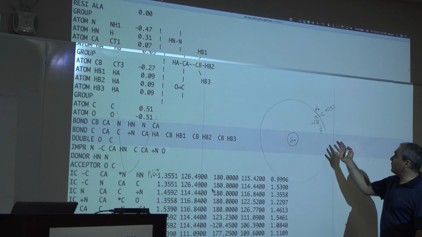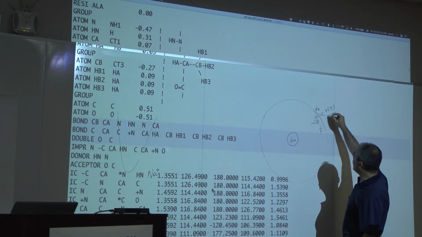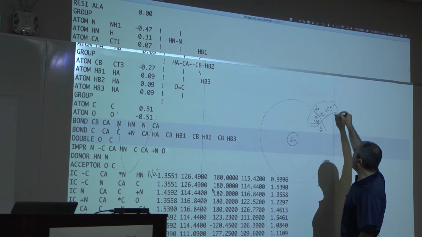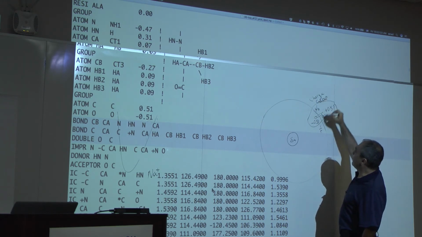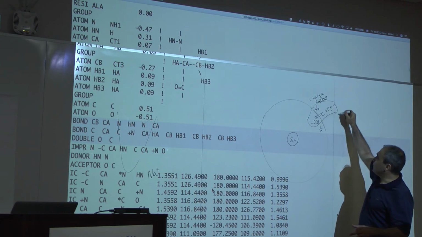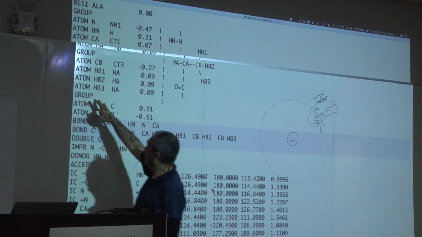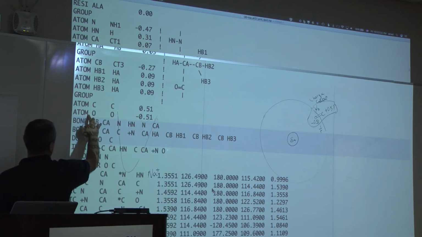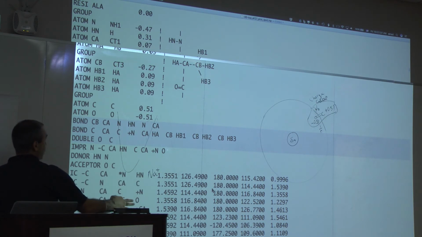In order to avoid that, I say, OK, wait a minute. I'm going to define this group as a charge group. Now if one of the atoms is included in the cutoff, the program has to include the entire charge group. So that's what we have here. You define this charge group and say C and O should always be together. If they are in, both of them should be in.